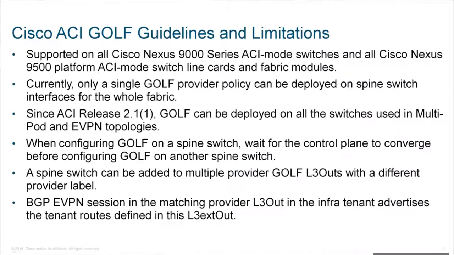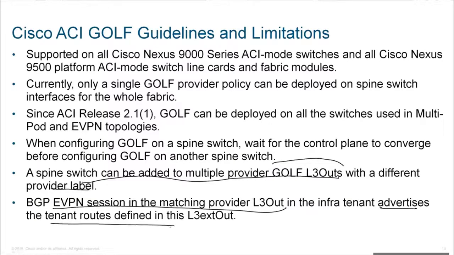So there are some configuration requirements. It shows you the spine switch, and your layer 3 out's provider label. Okay. The EVPN session in the provider advertises the tenant routes that are defined.